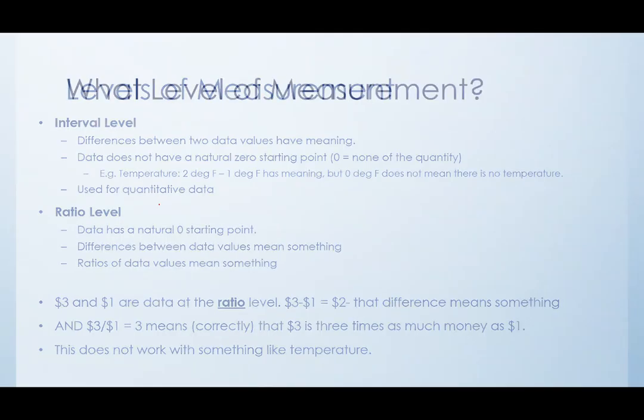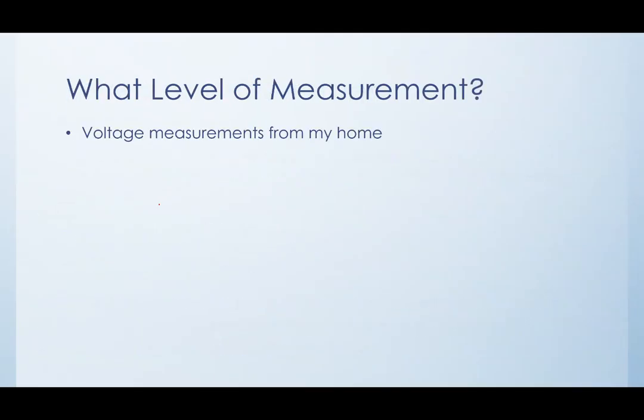Okay. So what level of measurement for each of these, right? We've got voltage measurements at my house, right? Well, if there's no voltage, if that's the measurement, that would mean I got no electricity there. And so this should be at the ratio level because it is quantitative, right? Voltage is quantitative, and a voltage, it has a natural zero.